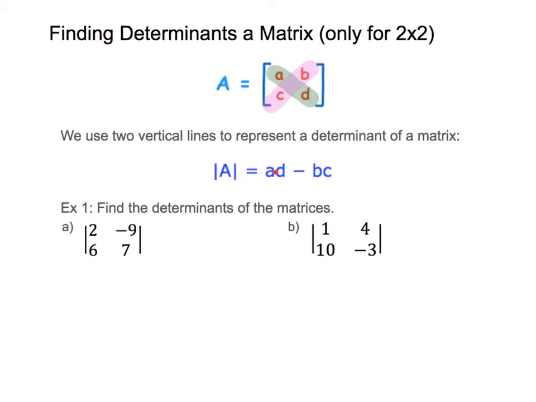And so that's your first number that goes here. Subtract it with the other diagonal multiplied. So from right to left, so B times C, and then you should get a number.